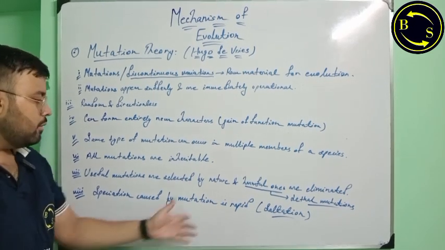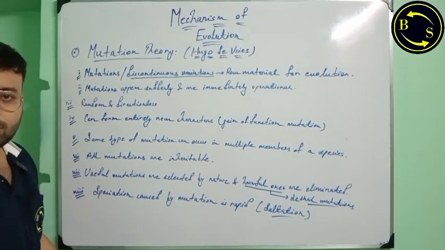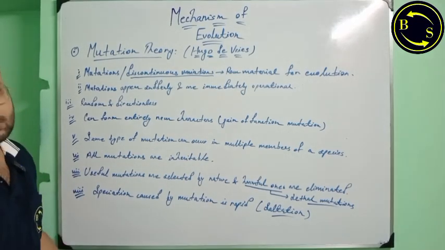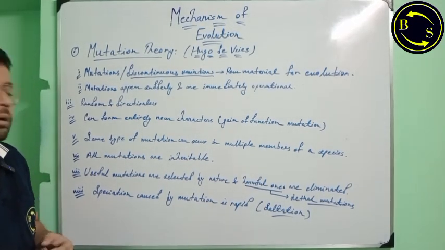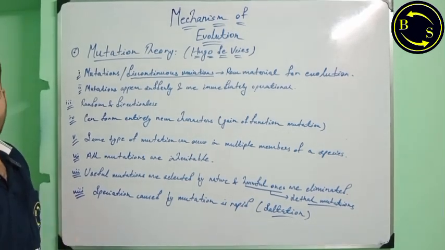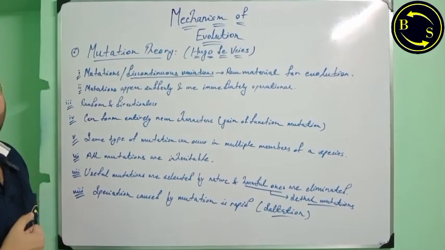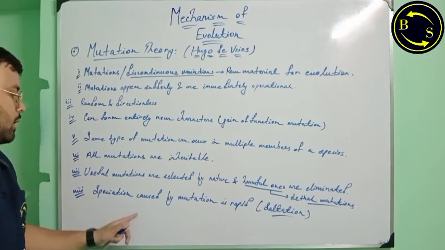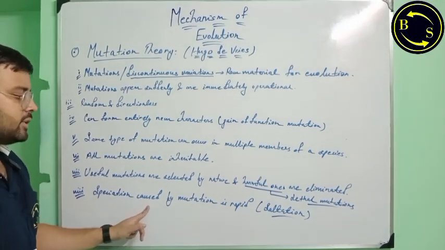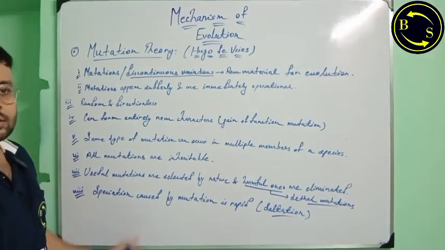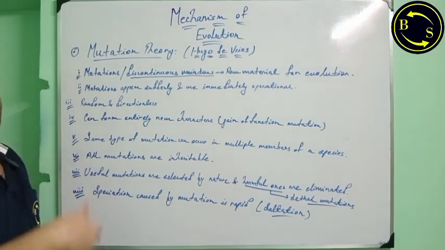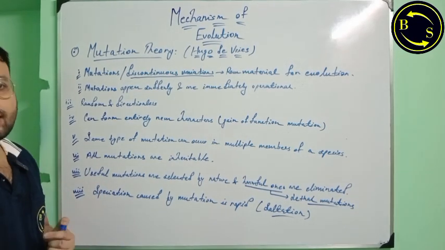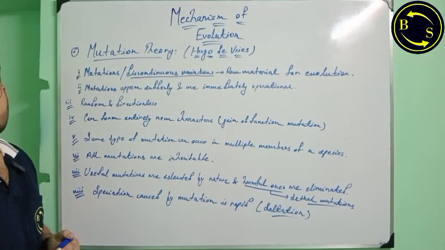So speciation is evolution and evolution is speciation, two sides of the same coin. A new species will form very rapidly, so evolution will progress very rapidly. That means a single ancestral population has jumped a great length in the evolutionary time scale to form a new species.